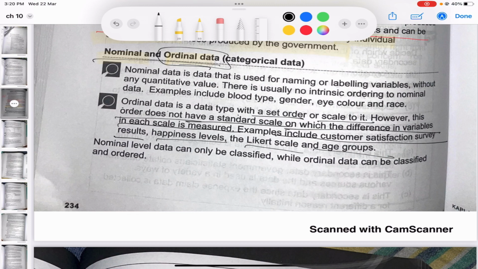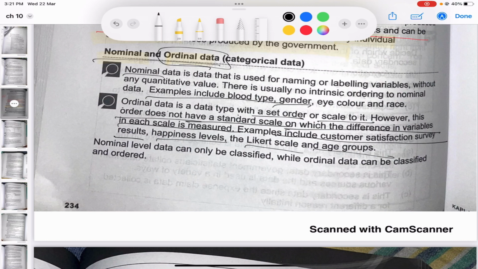But when we talk about nominal data, see the examples. Blood type. We have various categories of blood type, but we can't measure it, right? But we know that there are different categories: B positive, O positive, right? Gender. We can't measure it, but we can say it's either male or female or other, right? So we have categories in that.